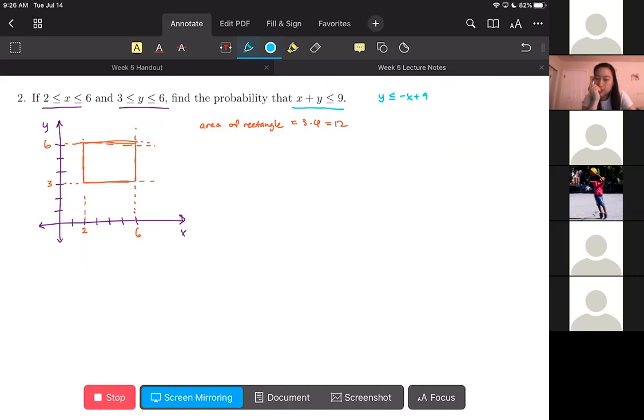Yeah. Okay. So if we want to graph this, we basically would graph the line y equals negative x plus 9, and then we would find which side of the line satisfies this inequality. So here, the y-intercept is 9, so maybe I'll draw 6, 7, 8, 9.